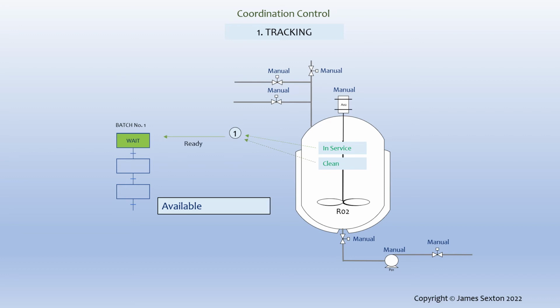It may be the philosophy that when a unit is allocated to a procedure, then all control modules in the unit are set to automatic. Maybe only initially, or maybe continually, or maybe the operator is asked to do so. This description would be an element of coordination control too.